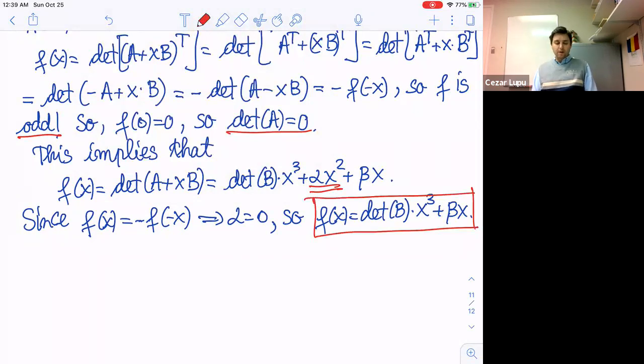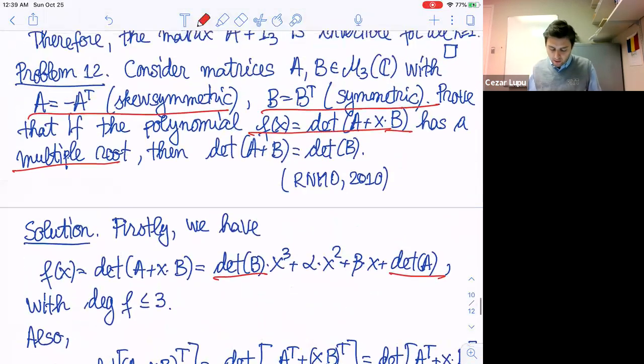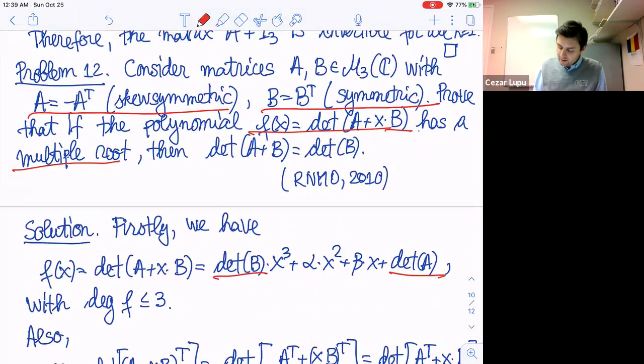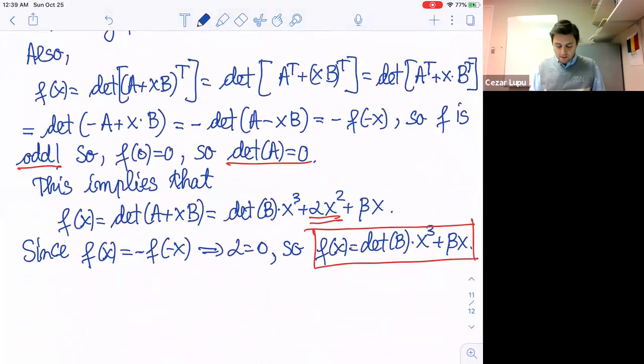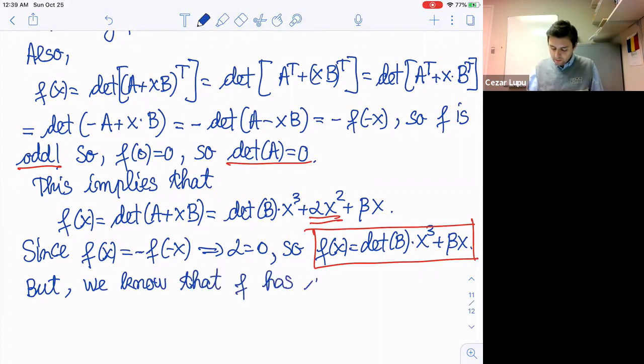So from here we have to play around a bit. But there is one condition that we haven't used so far. You see, we haven't used that this has a multiple root. So maybe we should use it. Now we know how it looks, but we know that f has a multiple root.